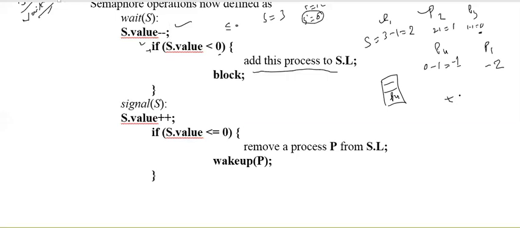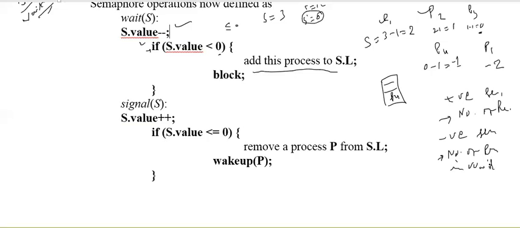positive value of semaphore is reflecting the number of resources. Negative value of semaphore is reflecting the number of processes in waiting. So be careful. Positive reflects a totally different thing.